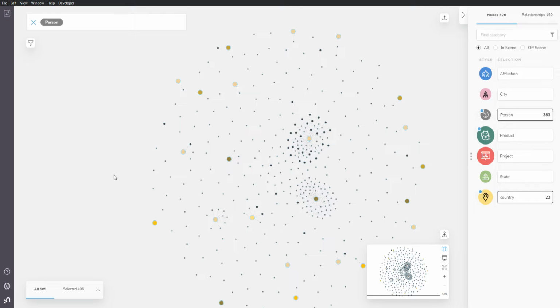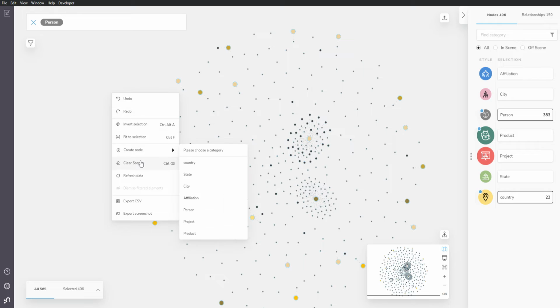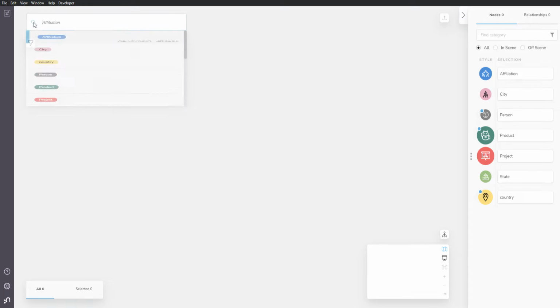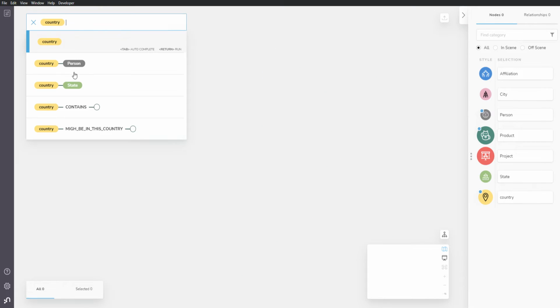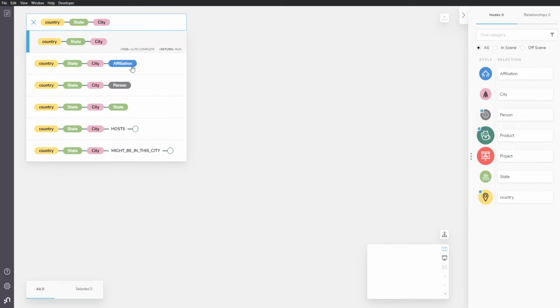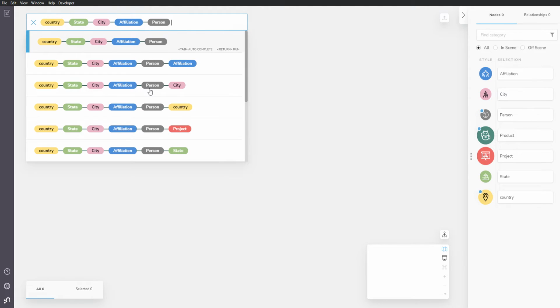So people in India might not know whether it's convenient for them to work with somebody that is in India or somebody that is in the United States, just because they're in the very same country. Sometimes it's even harder. So for that, I put country, then state and city, then affiliation and person.